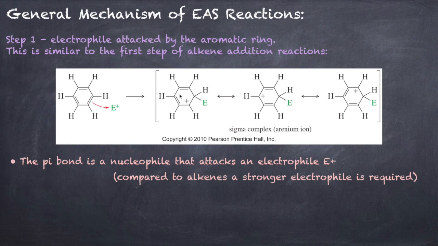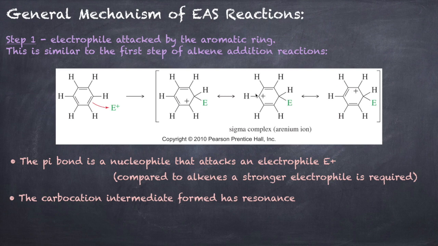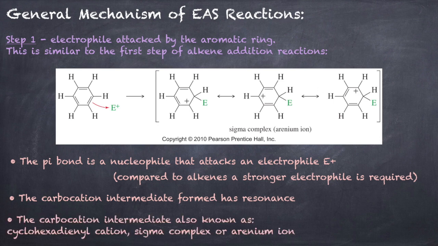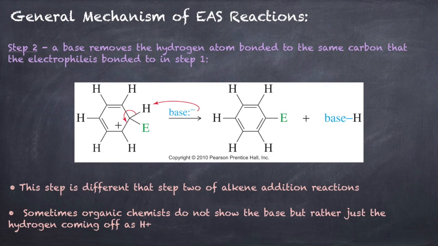Note that there are 3 resonance structures where the pi bond moves around and the carbocation shifts location. This intermediate goes by several names. You'll sometimes see it referred to as the arenium ion, the sigma complex, or the cyclohexadienyl cation.